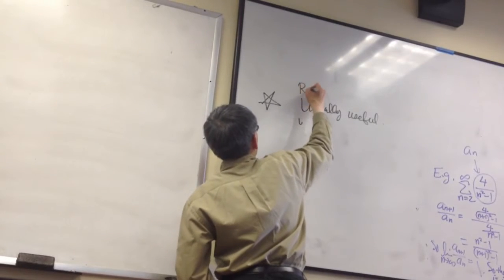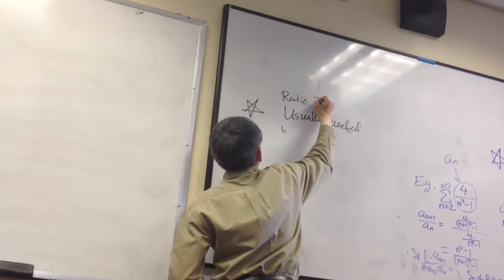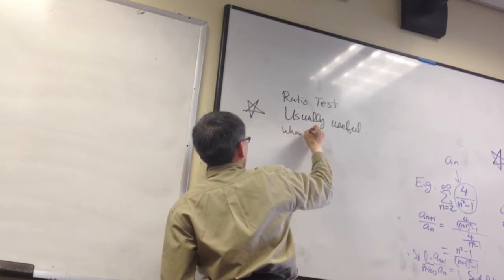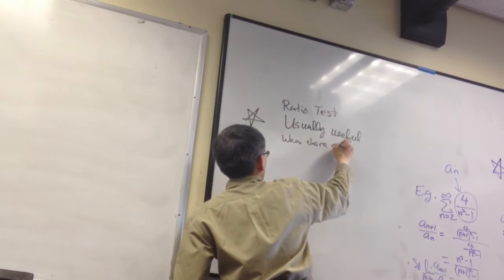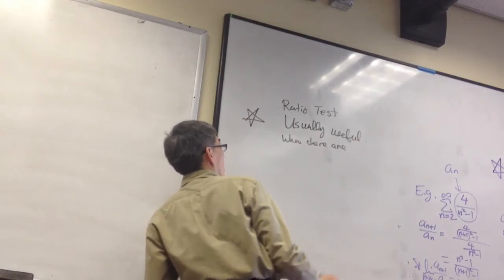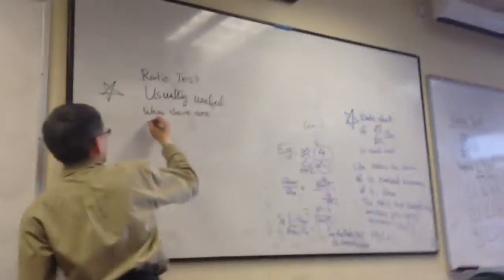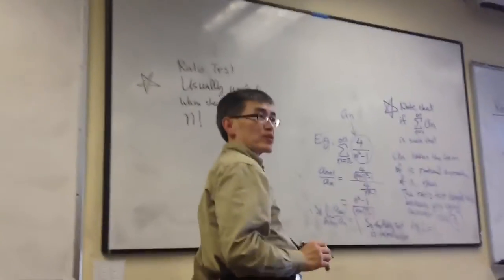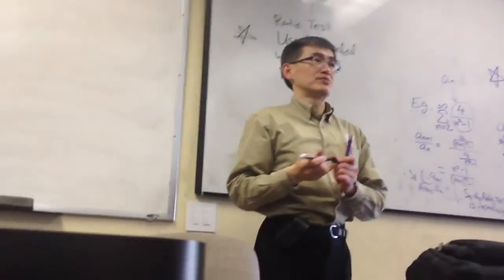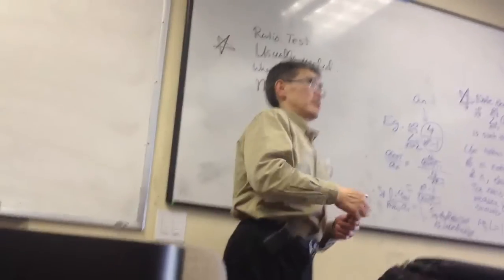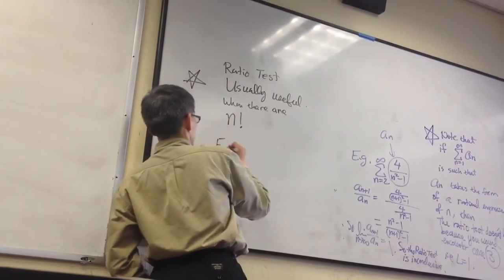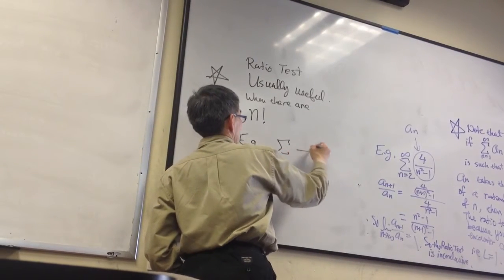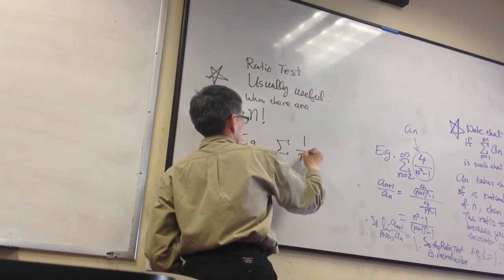So I'm talking about ratio tests. Ratio tests are usually useful when there are factorials in the denominator. So for example, summation 1 over n factorial.